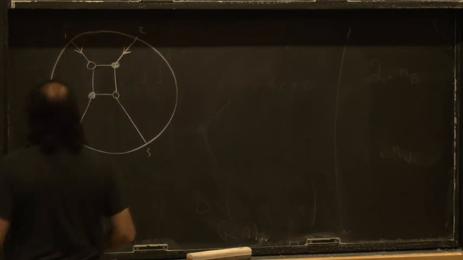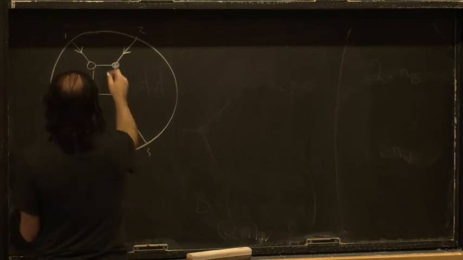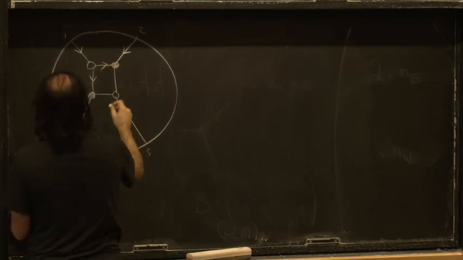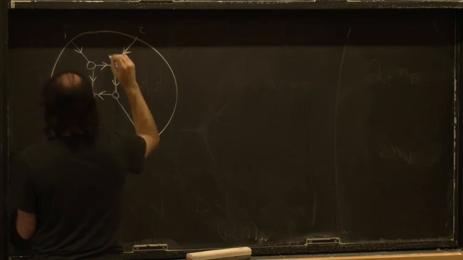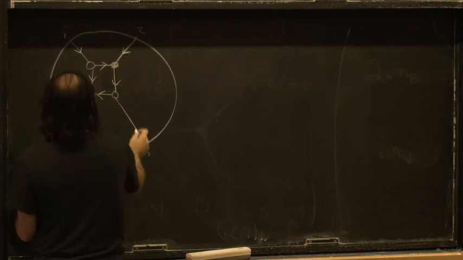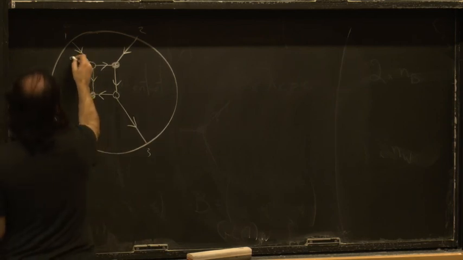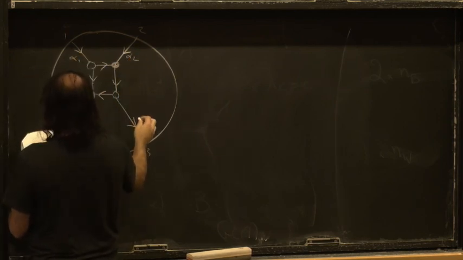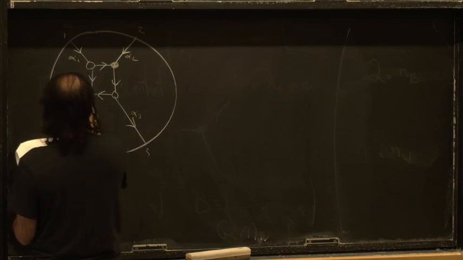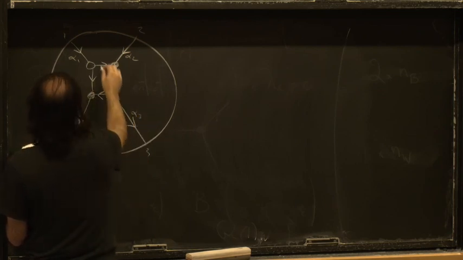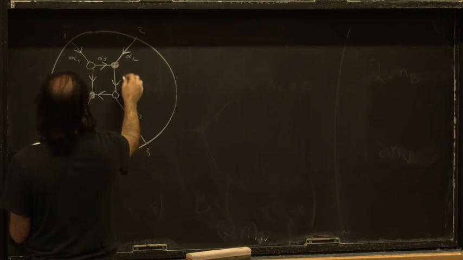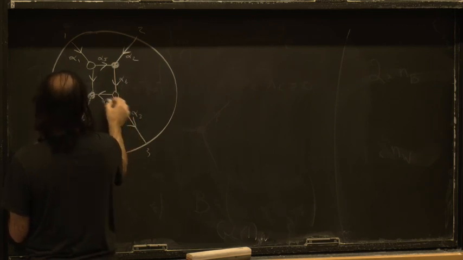Let's say 1 and 2 are going to be incoming, and I'll orient it like this. And I'll call these alpha 1, alpha 2, alpha 3, alpha 4, alpha 5, alpha 6, alpha 7, and alpha 8.